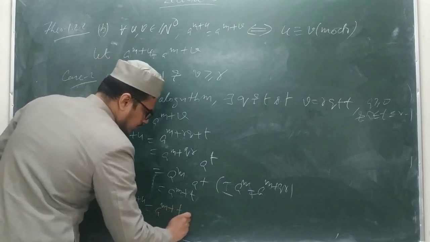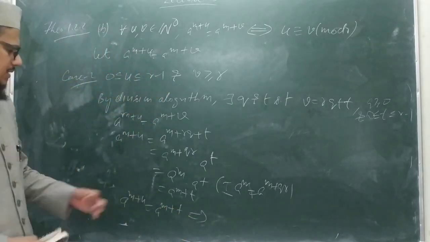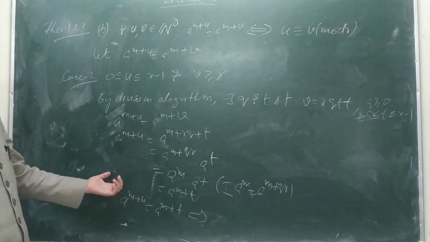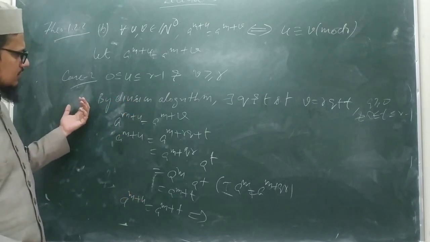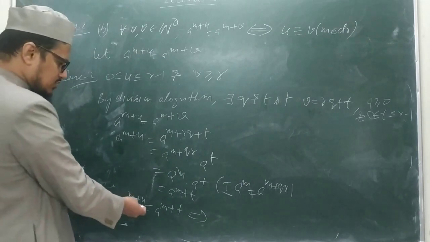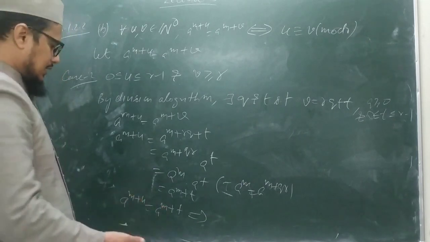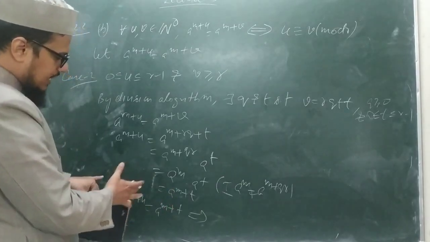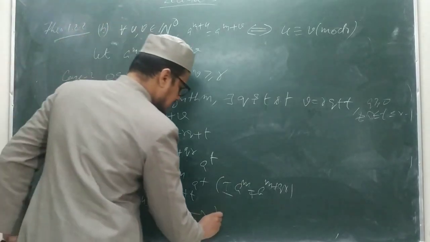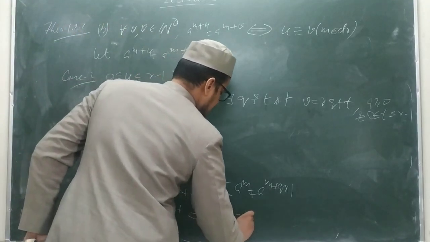So what does it imply? See, m plus u and m plus t lie in the range. Both of these, according to the previous case, what we have seen, are distinct powers of a, and if these two powers of a are equal, it means that m plus u is equal to m plus t.